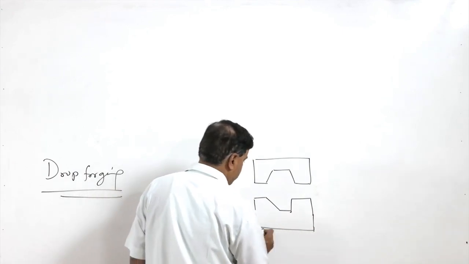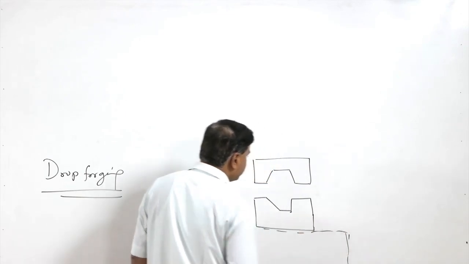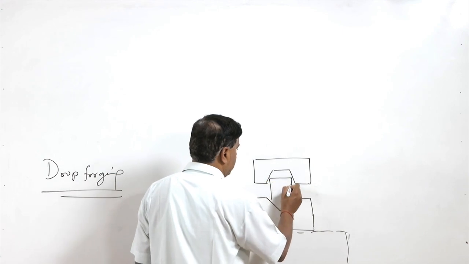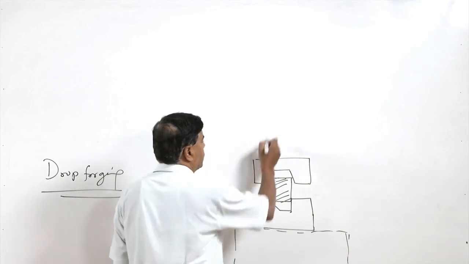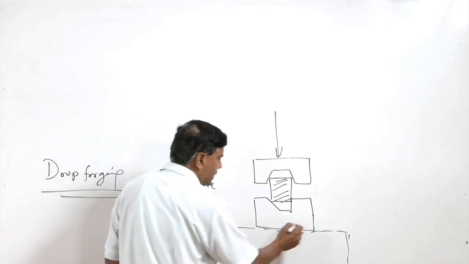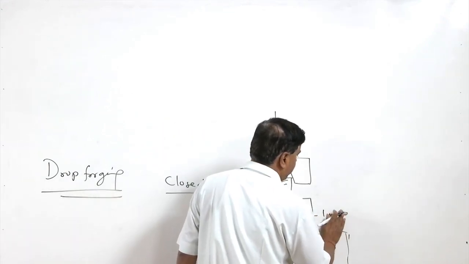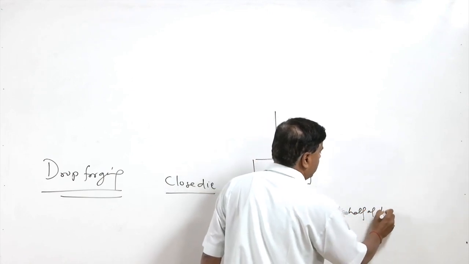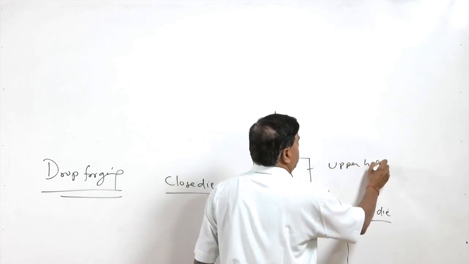This will be placed over the table of the press, and here we will be placing the stock or the material like this. So, basically with the help of the press, this is the lower half of the die and this is the upper half of the die.